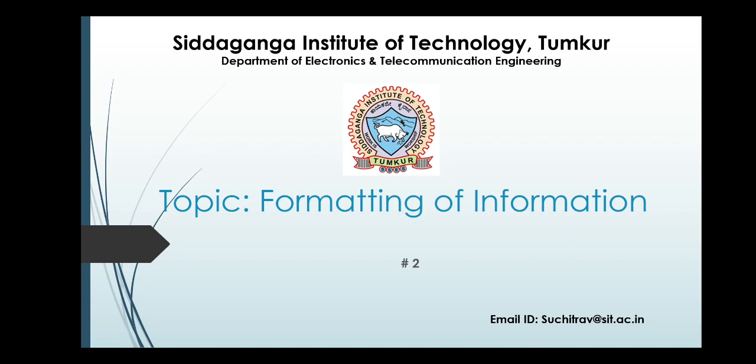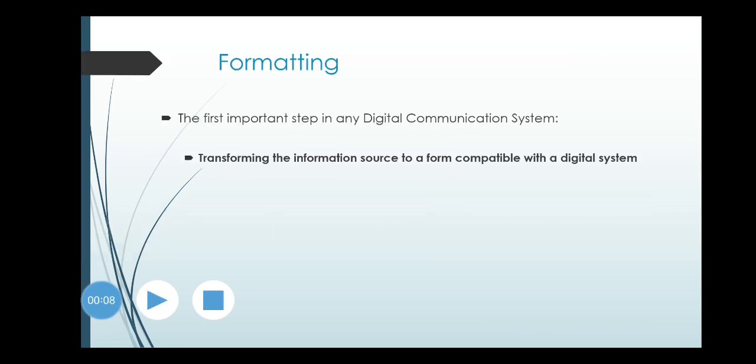Hello everyone, let us begin the next topic, which is formatting of information. The main and first most essential step used in signal processing is formatting. It is to ensure that the message or the source signal is made compatible with the digital processing unit.